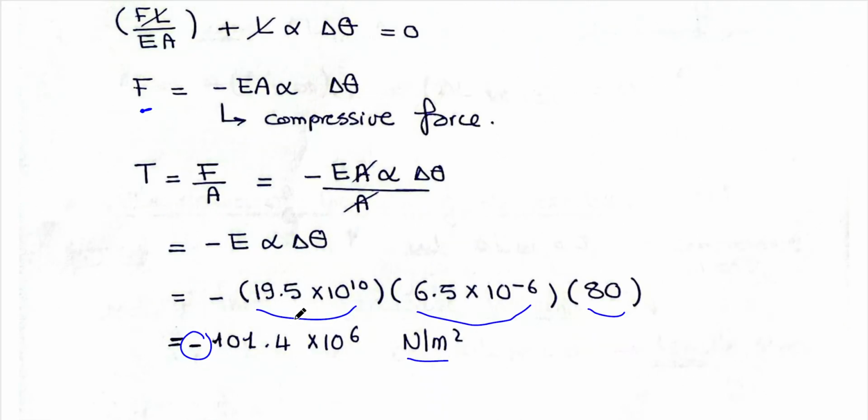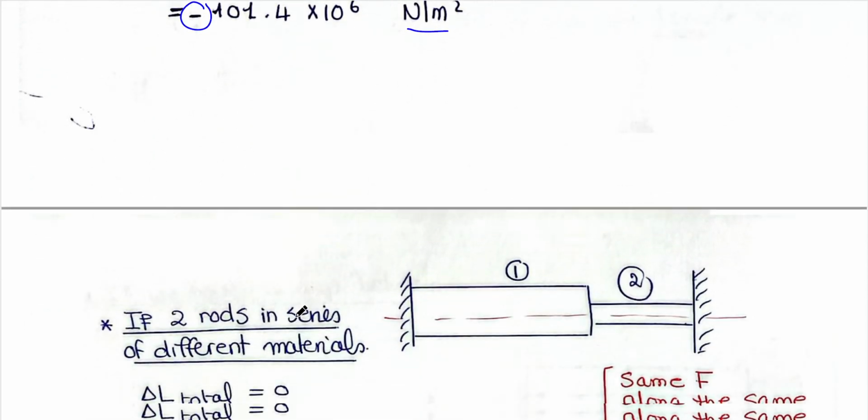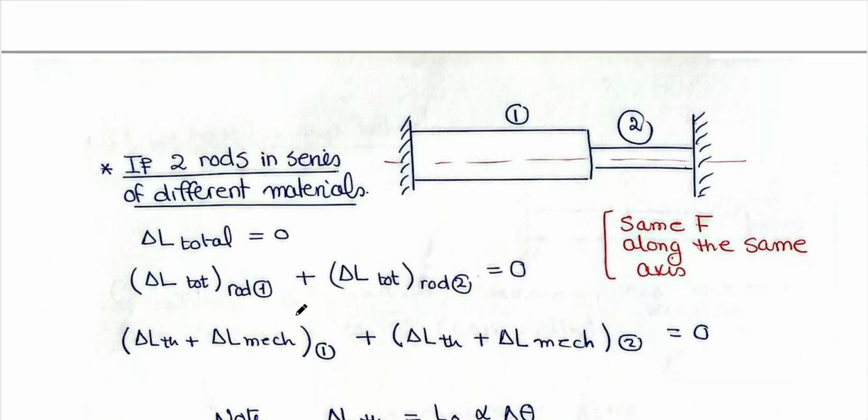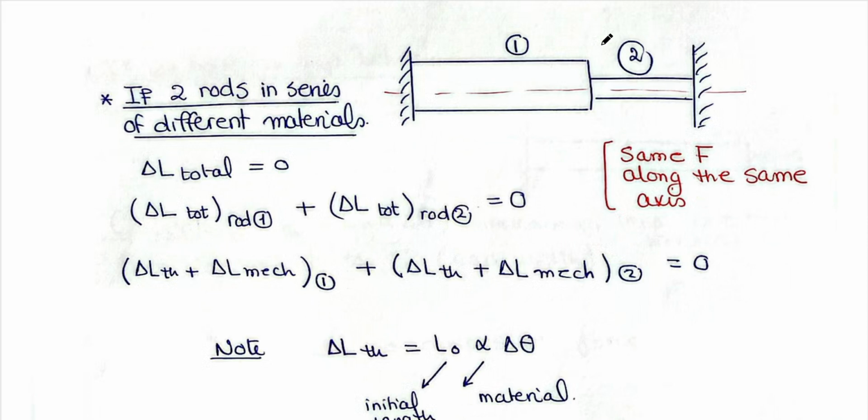Let's discuss some ideas about thermal strain. If in the problem I put two rods in series like this, the first of material 1 and the second rod of material 2, how can I solve this problem? Delta L total between the two walls is 0. From where do I have delta L?